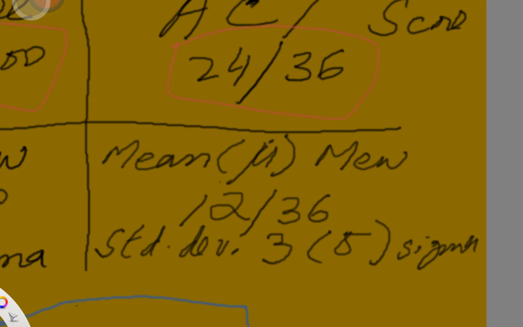So some people might have done 15, which is 12 plus 3, and some people might have done 12 minus 3, which is 9. So with the standard deviation of 3, that will be the case for this one.